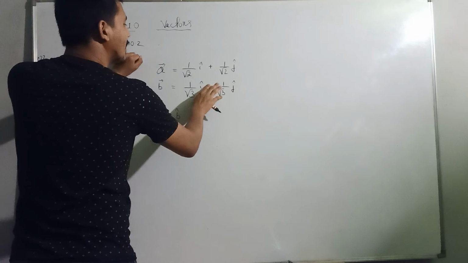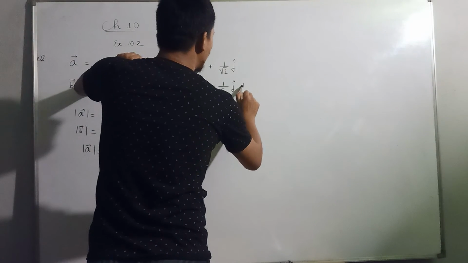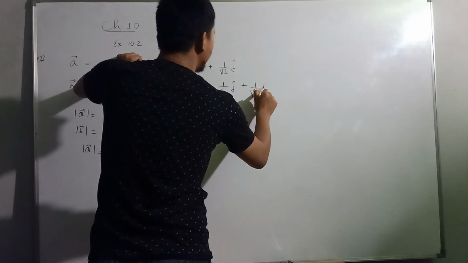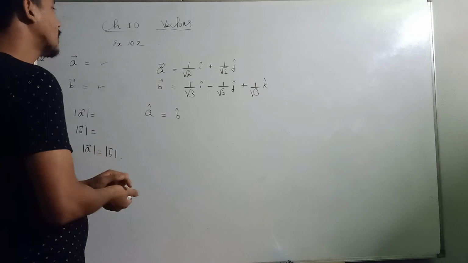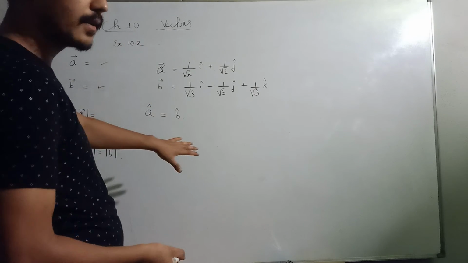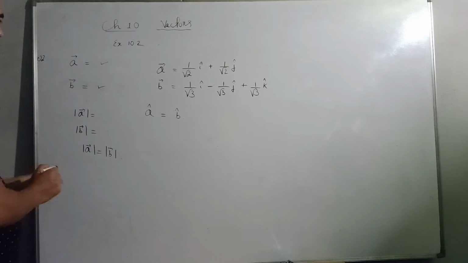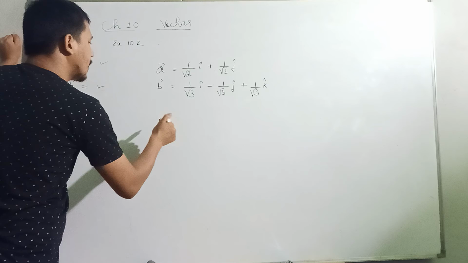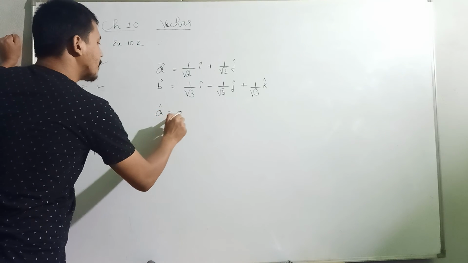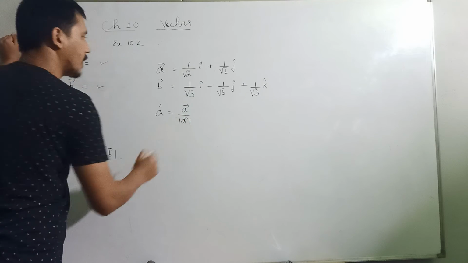Let me make it more complicated, writing minus here, and plus 1 upon square root of 3 k cap. Then I want to find out the unit vectors of A and B, and if they are equal, then they have the same direction. So unit vector A will be vector A upon magnitude of A, right?